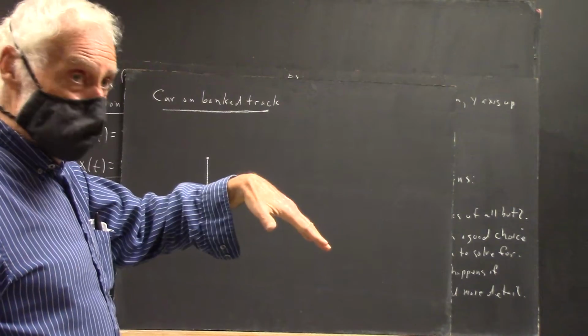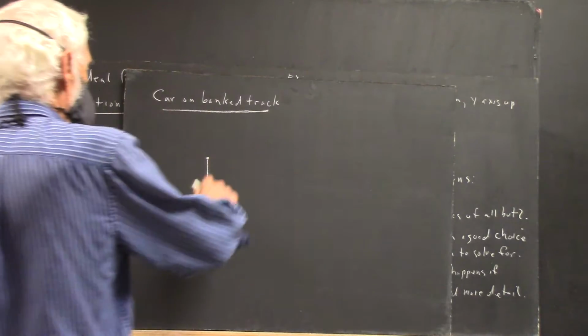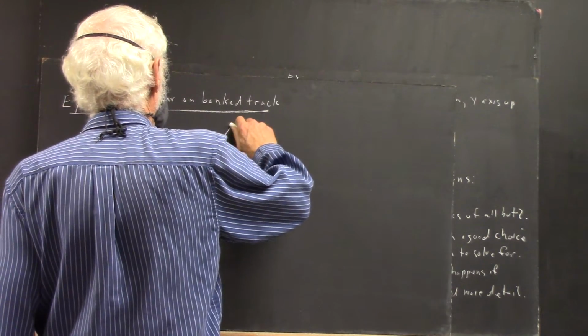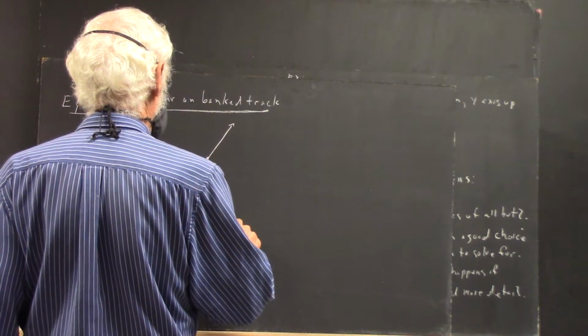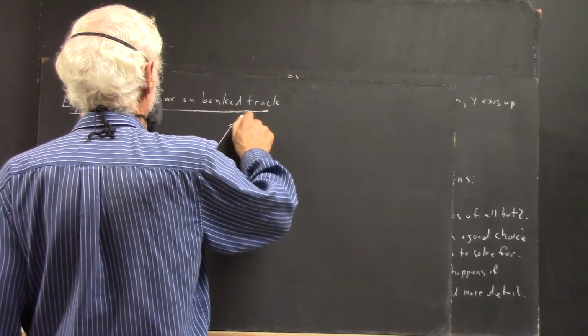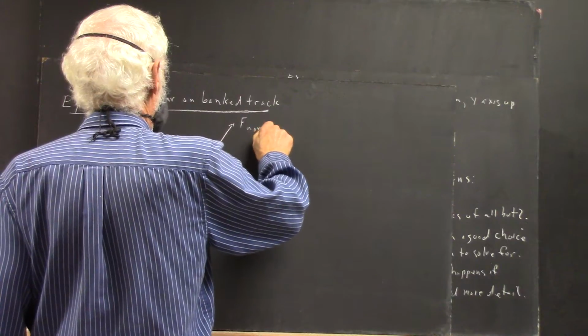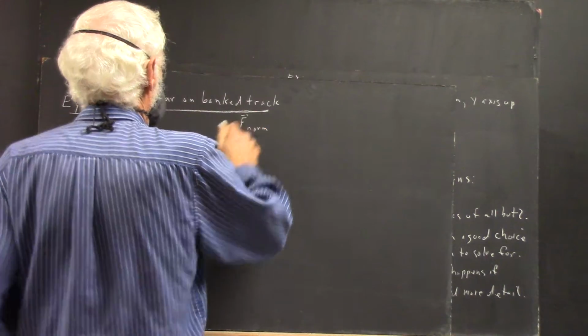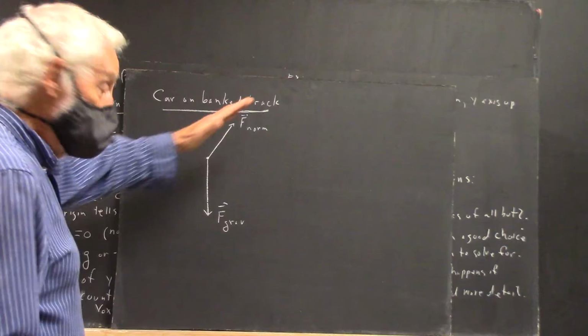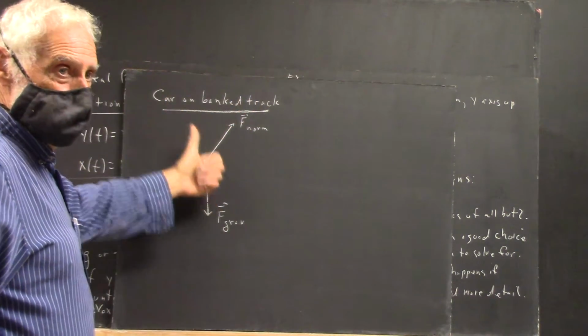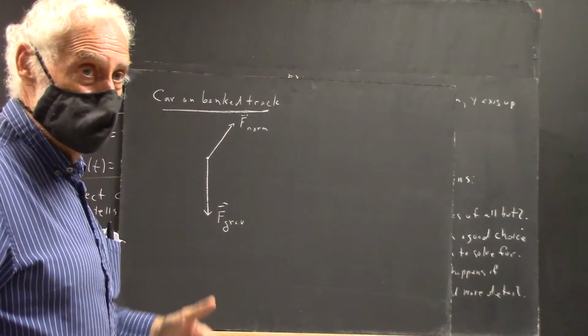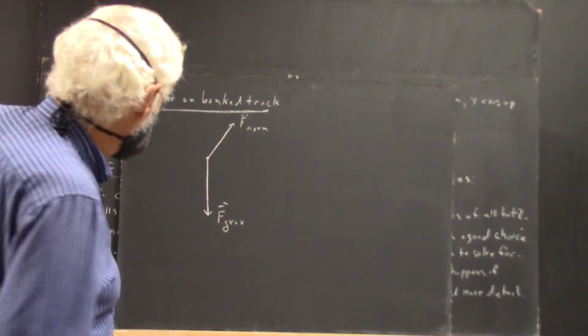If it's banked this way, then the normal force is going to be like this. And if you want the track to be banked this way, which is fine, then the normal force would be angled the other way. I think that's obvious. Everybody understands that.